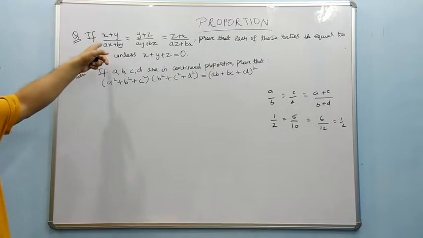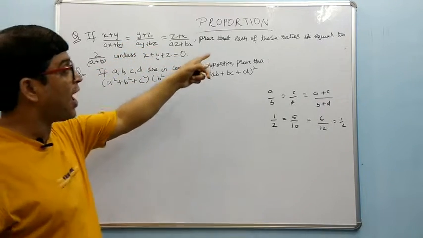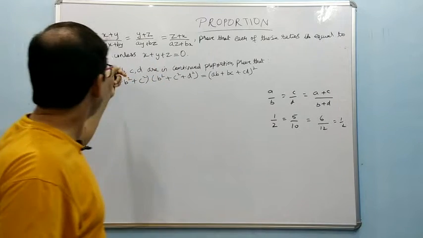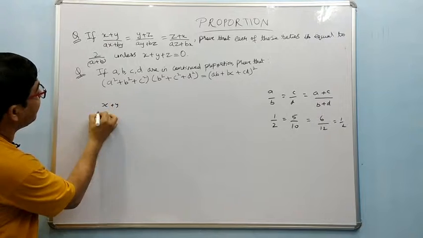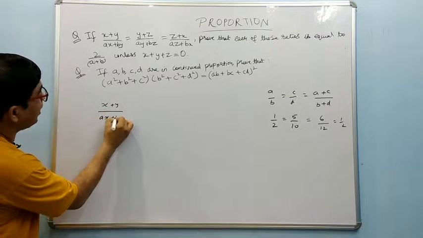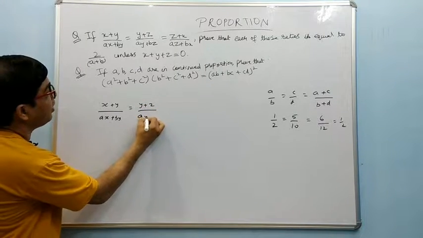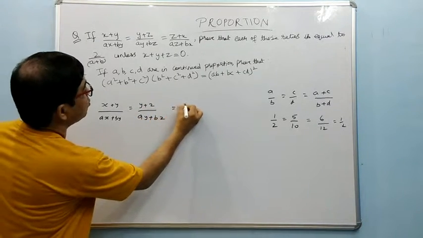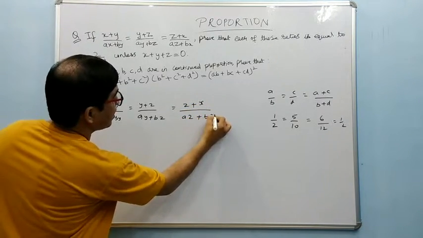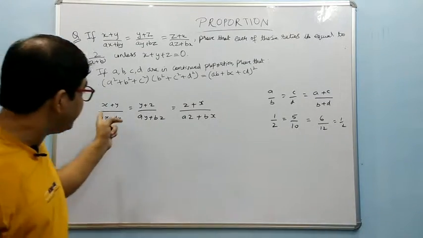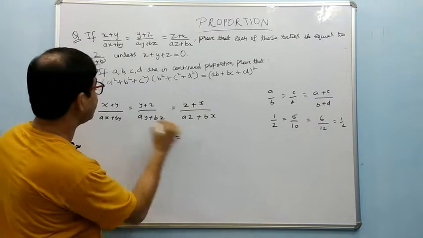See here in this question, if this is by this is equal to this is equal to this, prove that each of these ratios is equal to this thing. So we will take this thing, (x plus y) by (ax plus by) is equal to (y plus z) by (ay plus bz) is equal to (z plus x) by (az plus bx). So each ratio is equal to the sum of antecedents by the sum of consequents.